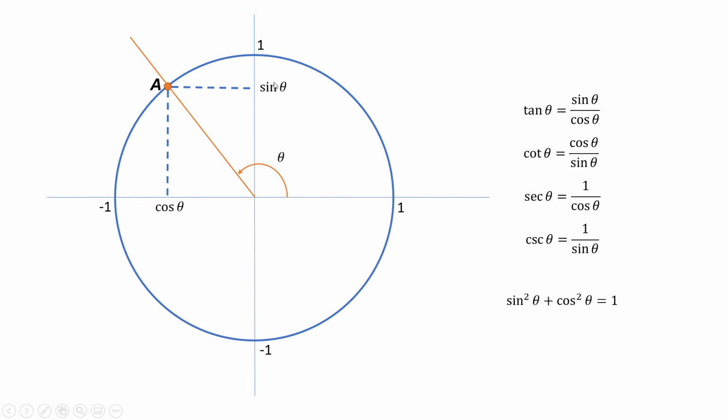The other thing to note is that because we're talking about coordinates of the point A that moves on the unit circle, cosine and sine will always be between -1 and 1. So it's a good thing to remember to check when you do some calculations and you find your cosine or sine outside of that range, more than 1 or less than -1, you know that you did something wrong.